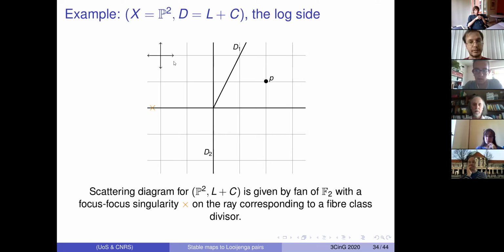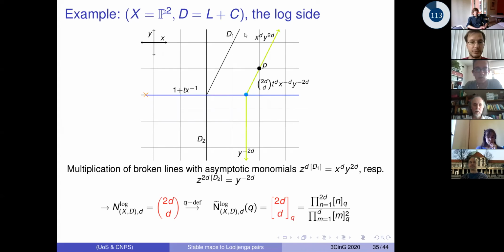And the way the Gromov-Witten invariants of the pair (X, D) are reconstructed is by those of F2 relative to the toric boundary, essentially by tropical counts. And there's a focus singularity on the ray of the fan of F2 that corresponds to a fiber class divisor. So here D1 and D2 correspond to, well, D2 is the conic and D1 is the line.